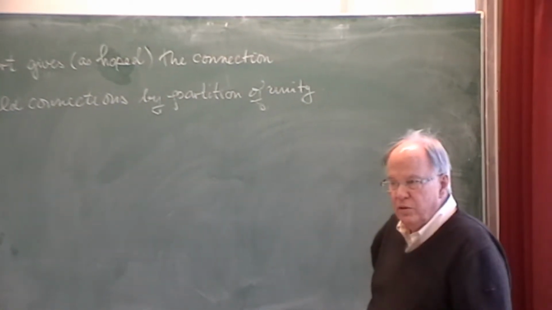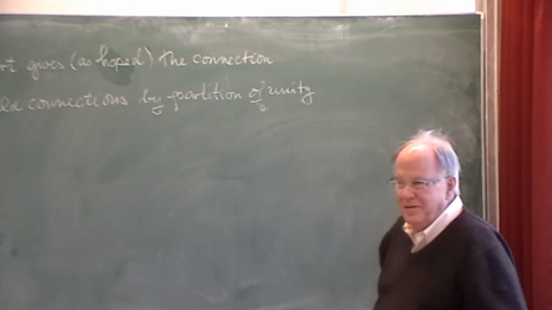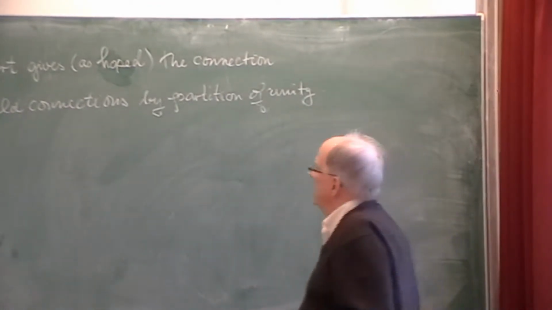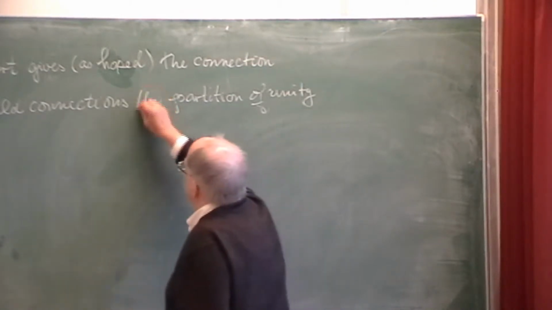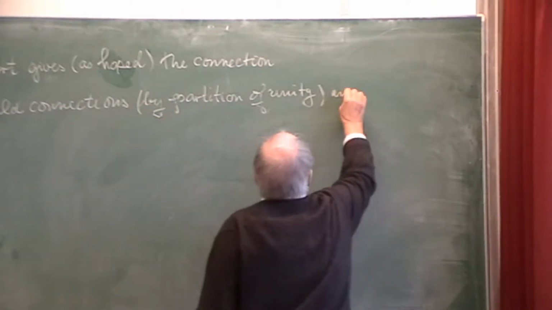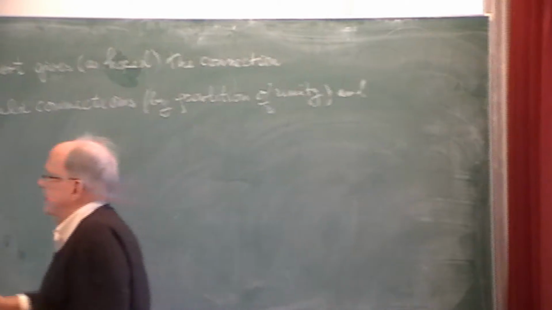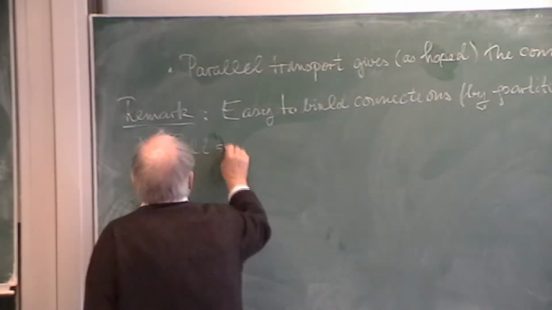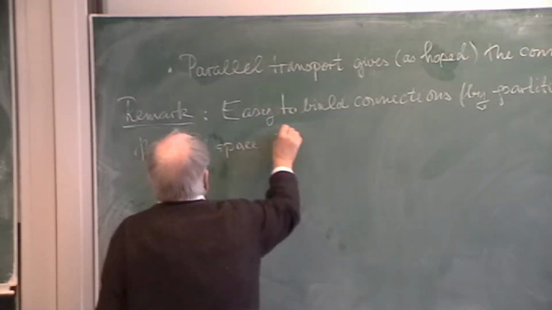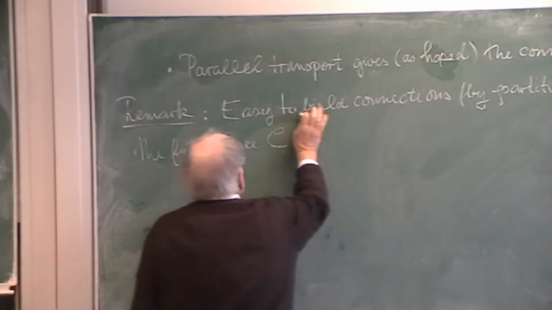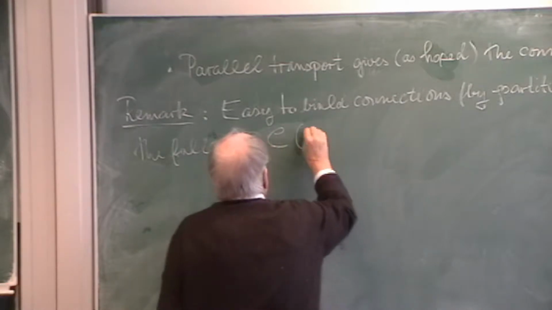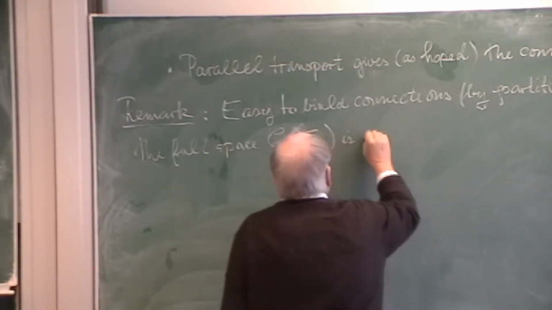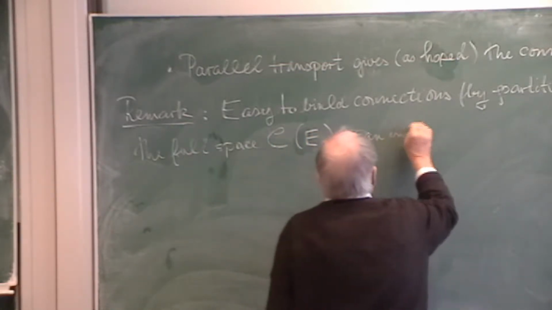You have a remark? Might be good. Oh, no, it's partition of unity. Yeah. It's easy to build connections by partition of unity, and the full space C of connections, so maybe connections on the vector bundle E, is an infinite dimensional affine space.